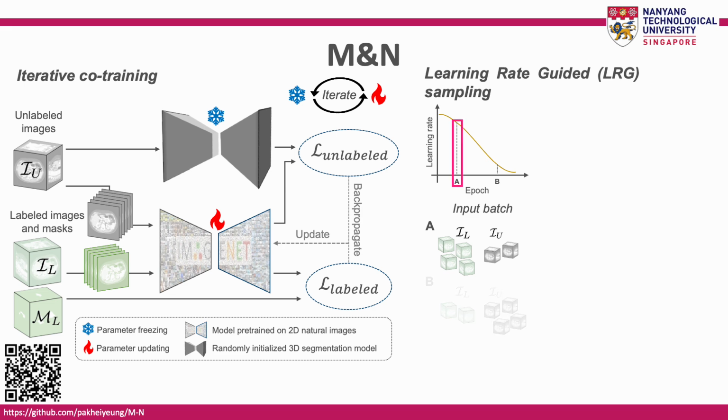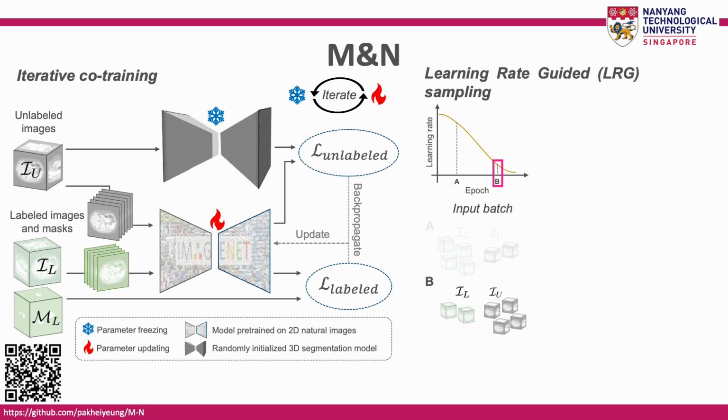We are using a weight decay cosine scheduler to adjust the learning rate during training. At early stages, when the model's predictions are still unstable and inaccurate, relying heavily on their generated pseudo-masks may be suboptimal. Therefore, the proportion of pseudo-labeled data in each training batch should be smaller.